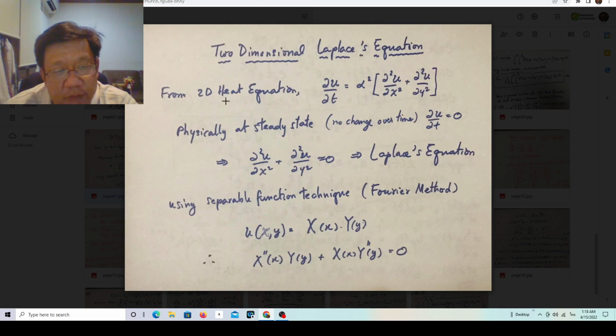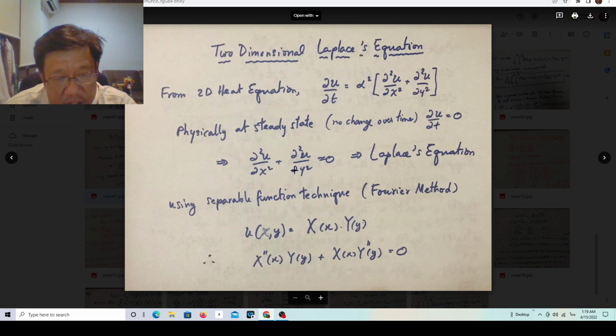So when you consider this two-dimensional heat equation down here, when the rate of change over time is zero, and you know alpha squared is some positive constant value, this leads to this relationship: once the rate of change over time is zero, it means that the acceleration of the response that you are interested in over each domain within the area, in this two dimension we represent the domain as the coordinate x, y, within the boundary, becomes zero also.